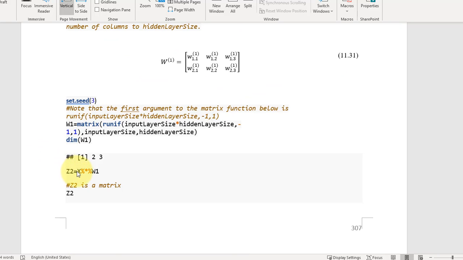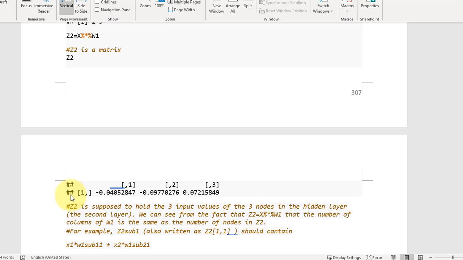So we say that Z2 is X times W1, and this is the matrix multiplication. So that's exactly what we want for Z2. And we can check, we can print out Z2, and we see that we get a 1 by 3 matrix. Z2 is supposed to hold the 3 input values of the 3 nodes in the hidden layer.